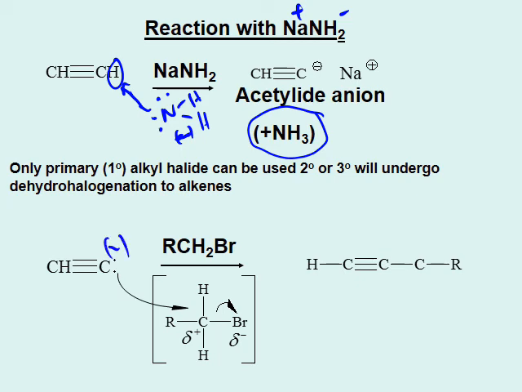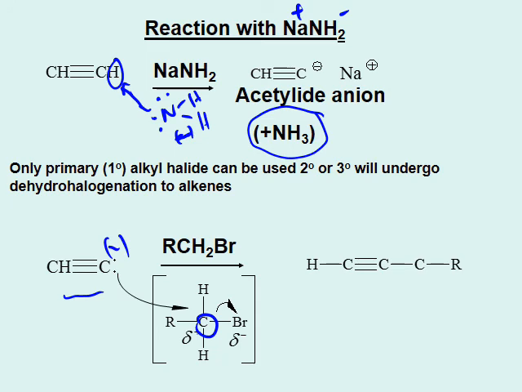Now organic chemists can make use of this species in a reaction like this. This reaction, what you're seeing at the bottom, happens only with primary or 1 degree alkyl halides. 1 degree means this carbon is bonded to only one other carbon. For 2 degree or 3 degree, you would undergo dehydrohalogenation to an alkene. In other words, it would undergo an elimination reaction to an alkene.